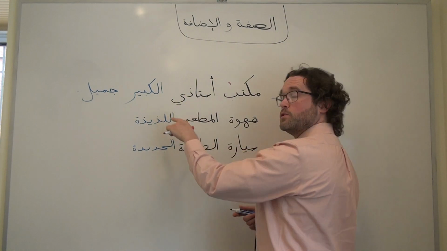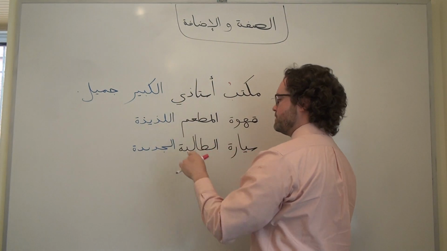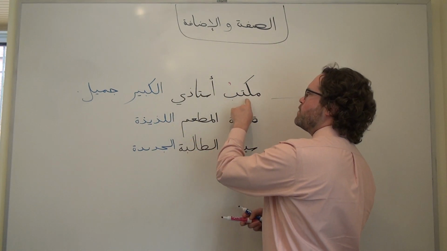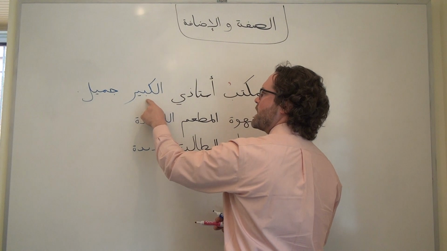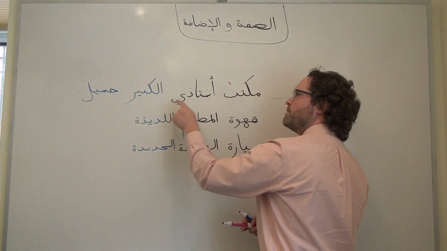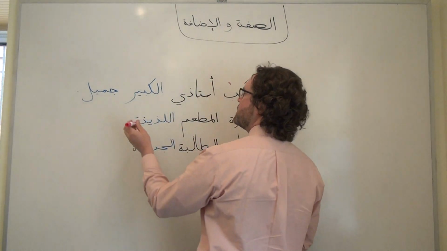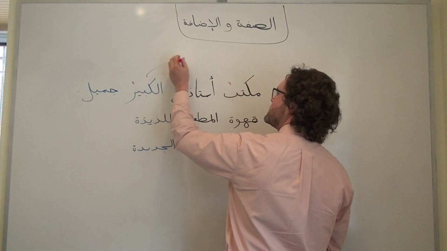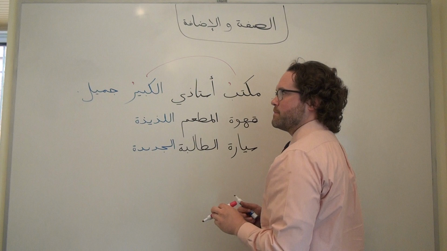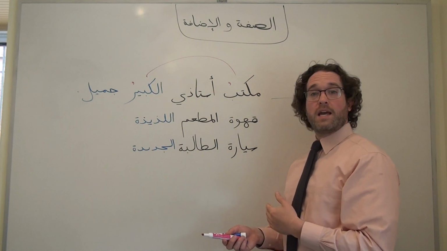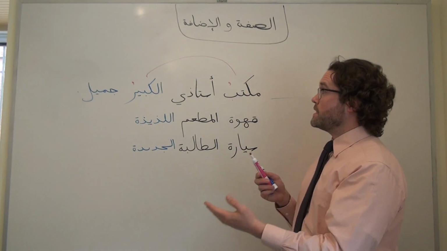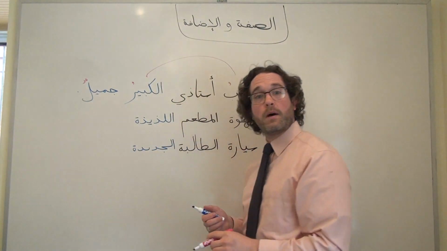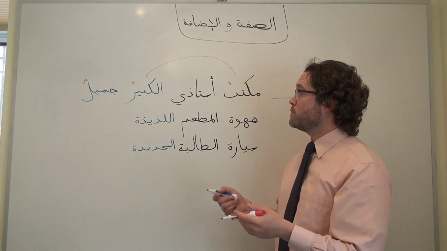And ustad is going to be majroor, but that E sort of swallows the sound. So now, if I want to describe the office as big or large, I would add a dhamma here because it needs to match maktab. Maktabu ustadi al-kabiru, because they need to match. Jamil. And then there would be my khabar, which is also marfu'a.